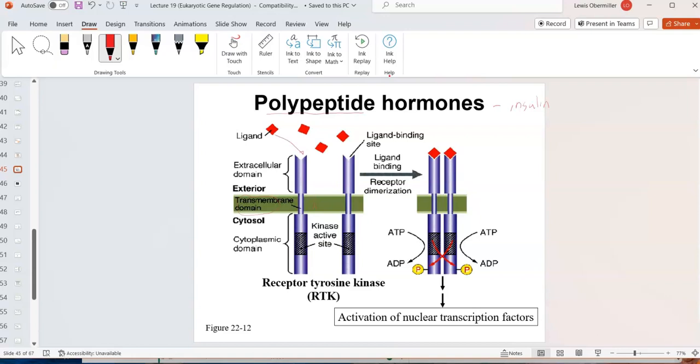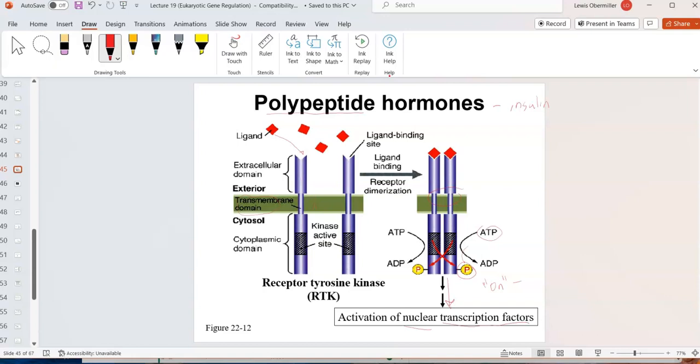It would bind, maybe bring these two receptors together, activate some phosphorylating mechanism. So this becomes phosphorylated, changes its shape, and sends a series of response factors, so nuclear transcription factors, to turn on a gene.